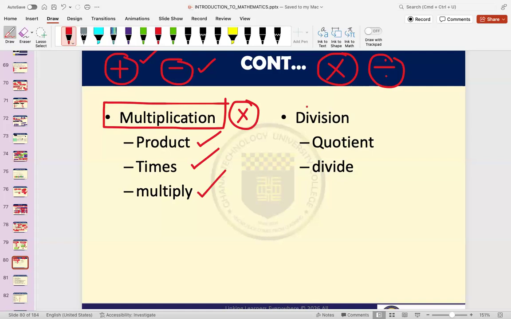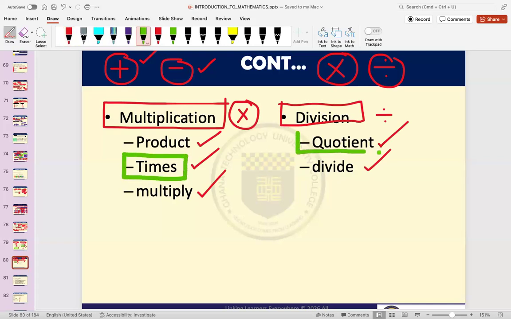And then when it comes to division, you may see only these 2 words: quotient and divide. Or times in one of the examples, and then we saw quotient in the other example.